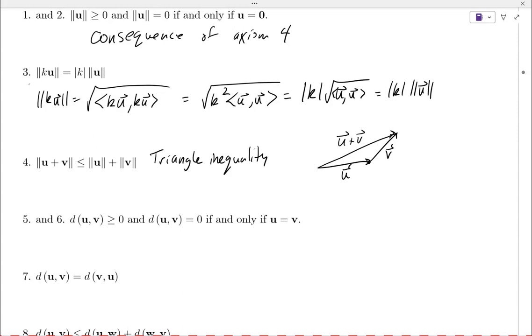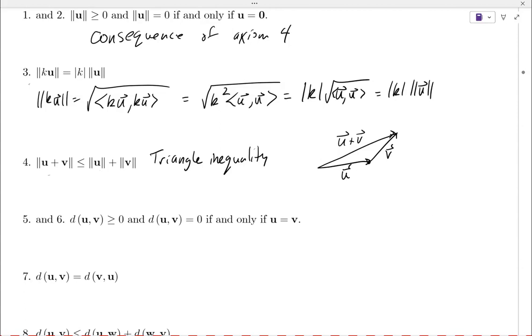This is exactly how you do it graphically, isn't it? What kind of a shape did I just make? A triangle. Literally, what does this say in terms of a triangle? The sum of any two sides is at least as big as the third. Which makes sense, right? Learned that back in geometry class.